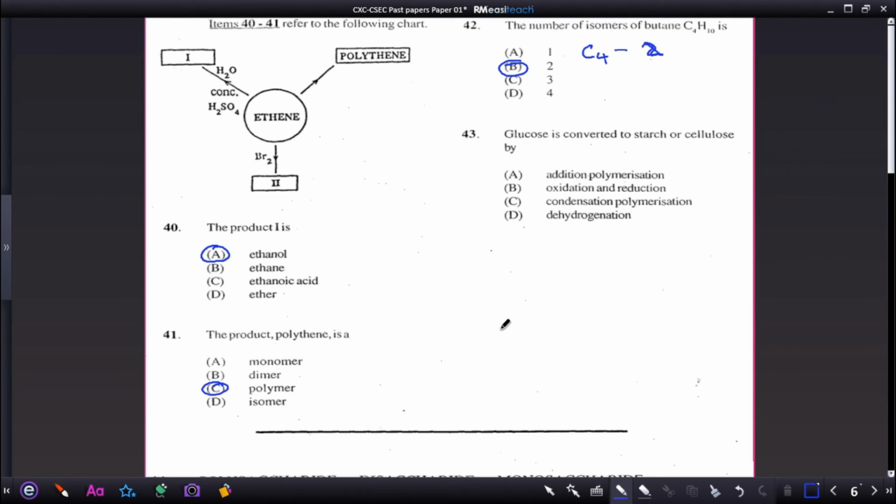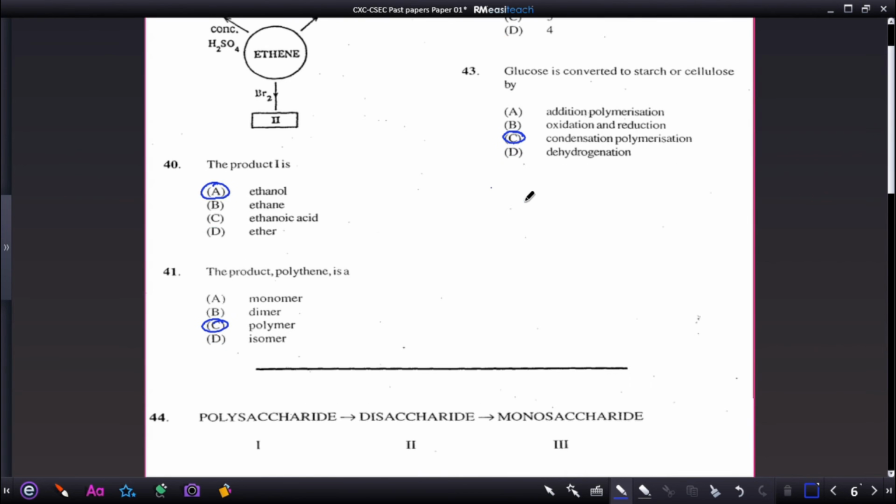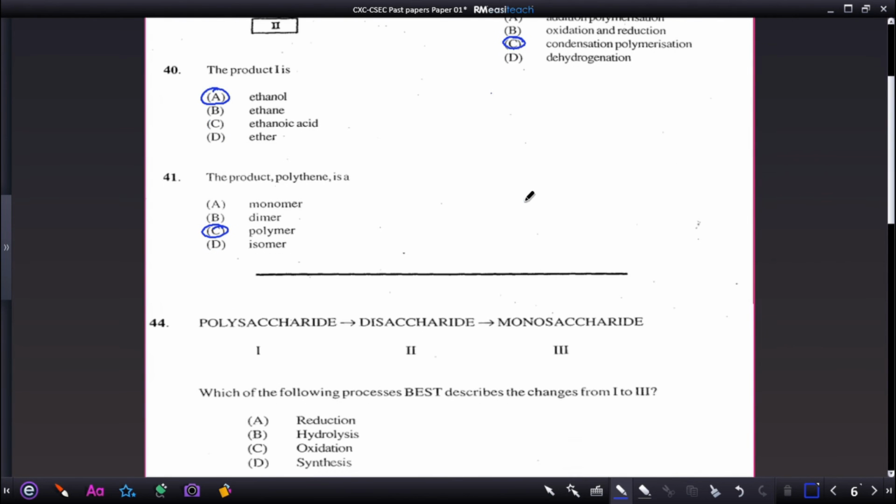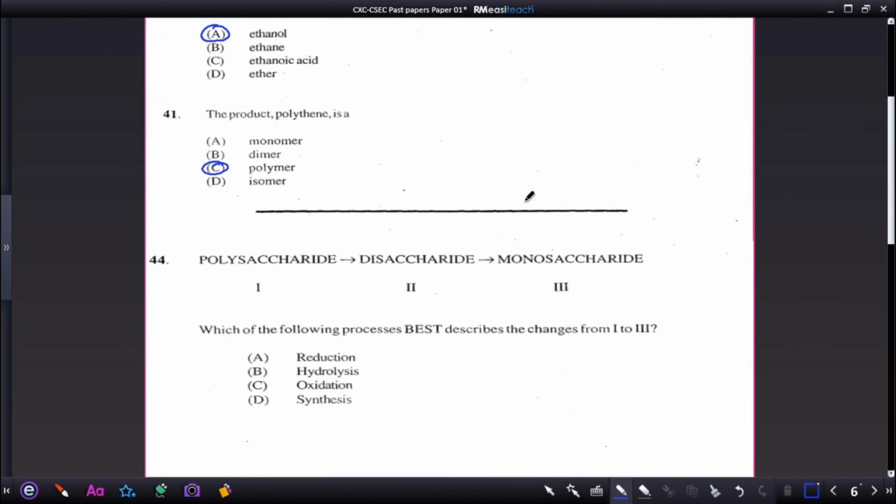43. Glucose is converted to starch or cellulose by. Starch and cellulose are both polymers, and so it would be condensation polymerization of the glucose. 44.